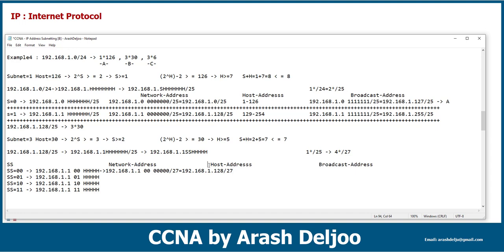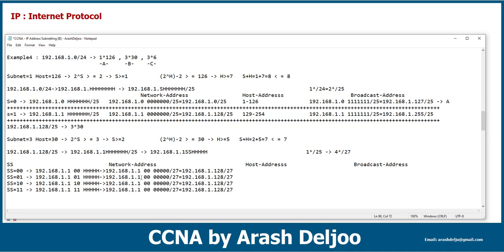If you calculate this value, it is equal to 192.168.1.128/27. After that, the next networks, let me copy this calculation. We can change it here. Here we have 01, here we have 10, here we have 11, you know it.